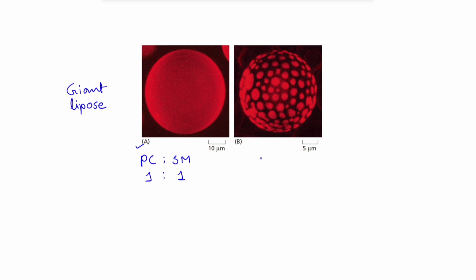Now when we add cholesterol to the phosphatidylcholine and sphingomyelin, what happens in 1:1:1? As you can see, small microdomains are created. So lipid phase separation occurs.